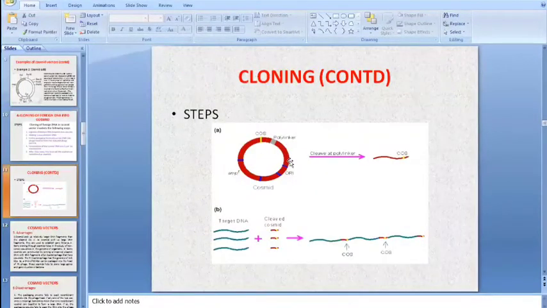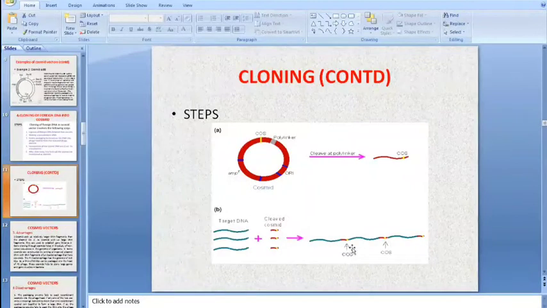This is the cosmid. You can separate the cos sites from the multiple cloning sites, that is cleavage at the polylinker site or multiple cloning site. This is the target DNA which we want to multiply, and these are the cleaved cosmid cos sites.